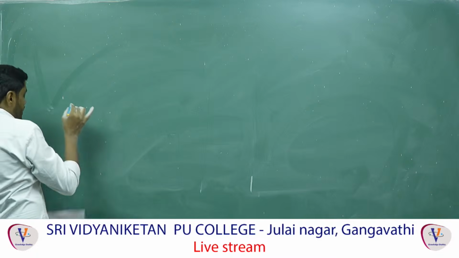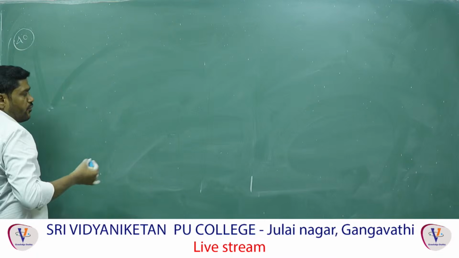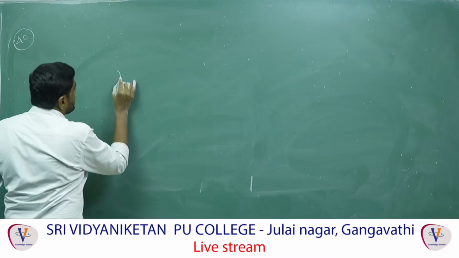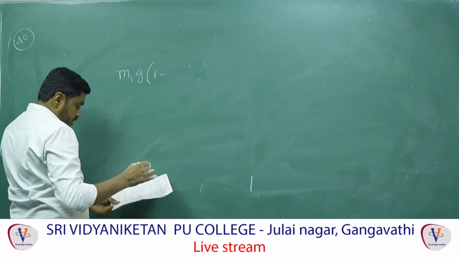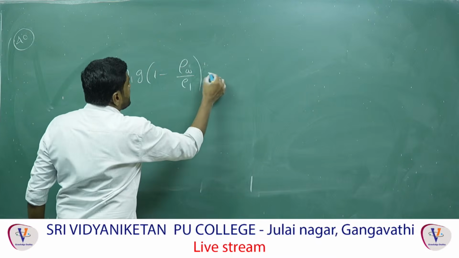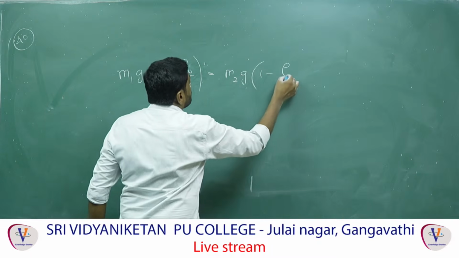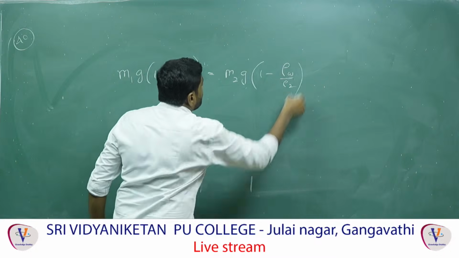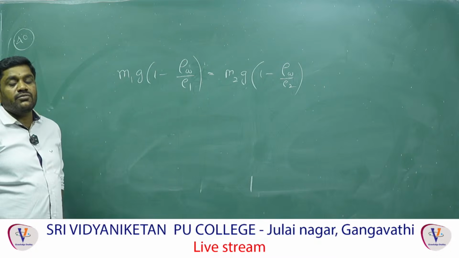Therefore, under the floating condition, M1 g into (1 minus rho water by rho 1) is equal to M2 g into (1 minus rho water by rho 2), where rho water is the density of the water.